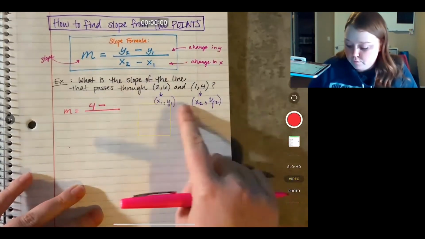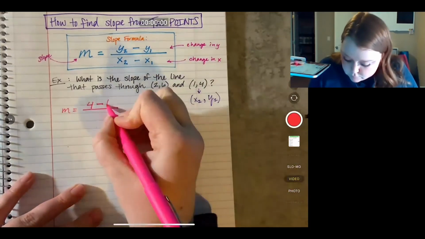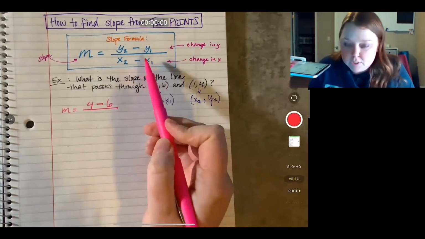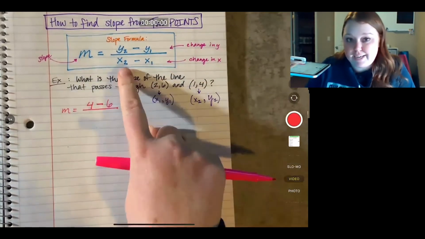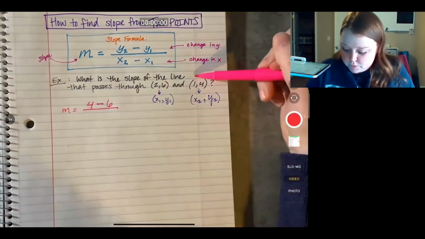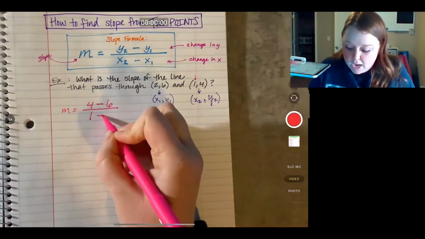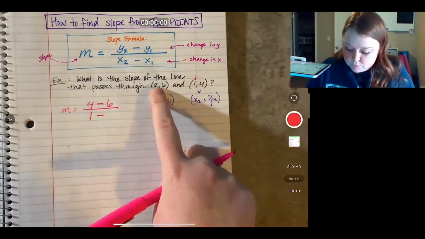So locate your first y value, 6. So we have 4 minus 6, okay? Now we're going to look at this, x sub 2 minus x sub 1. So you take your second x value, which was right here, and you subtract your first x value, which was 2.